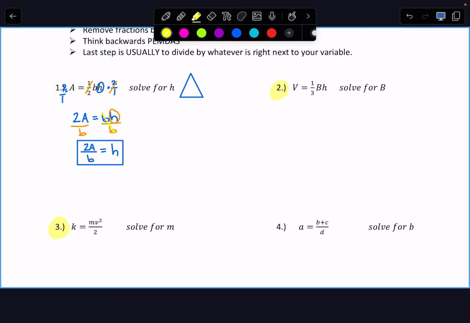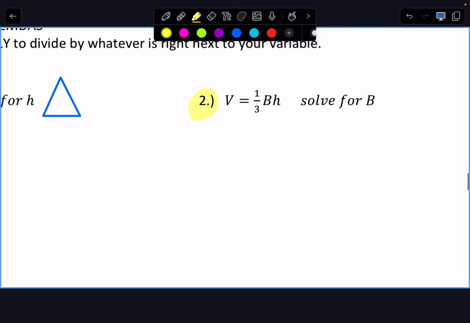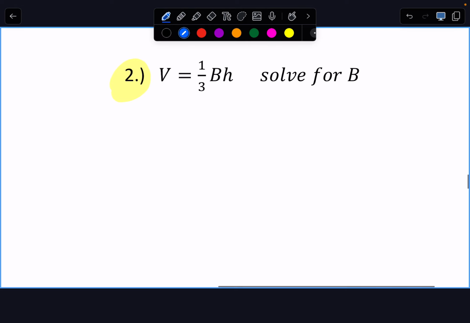What do you need to do with the 2? How do you undo the 2? Yeah, multiply both sides by 2. What do you get? Oh, divide by b.